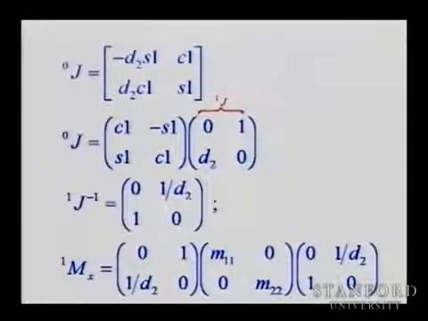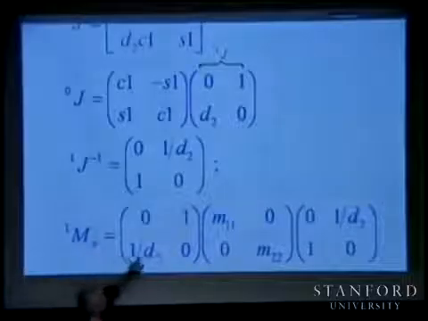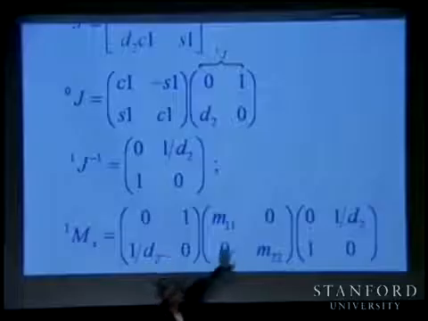Now, if you remember from the joint space dynamics of this robot, the mass matrix was diagonal and decoupled for this robot. Now, if I'm computing the mass matrix in frame 1 for the end effector position, I need to multiply by J minus transpose and J minus 1.